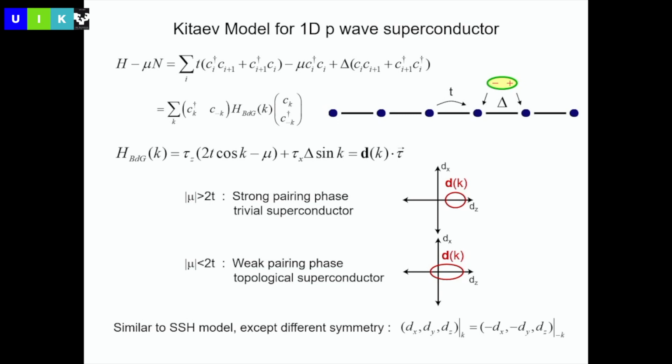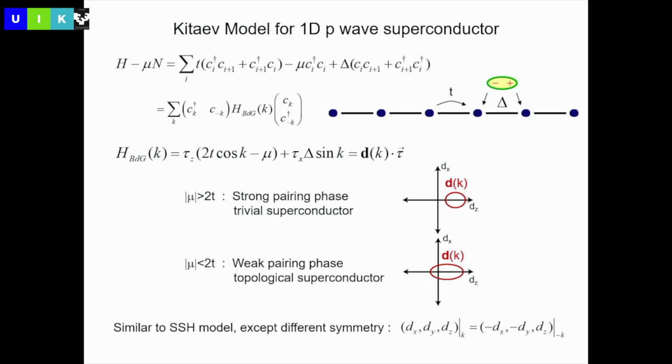Then I can write this as a 2x2 matrix. I Fourier transform this, and I can write it as a 2x2 matrix, which I can think of as a D vector multiplied into the Pauli matrices. It has exactly the same kind of structure as the SSH model I had last time.